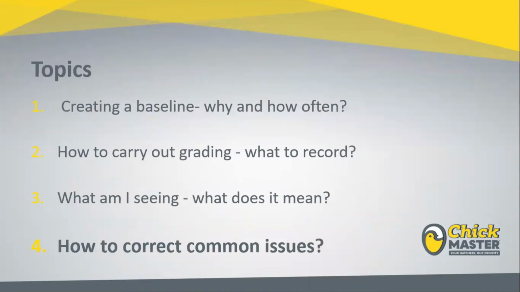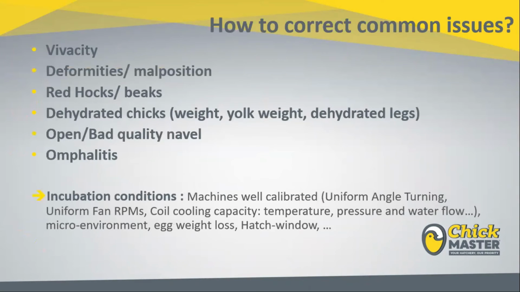So how can we correct these issues? If we have some problems with vivacity, or some deformities, or red hocks or beaks, or dehydrated chicks, or bad quality of navel, or omphalitis, this can be a result of incorrect incubation conditions that lead to incorrect egg weight loss and a long hatch window.